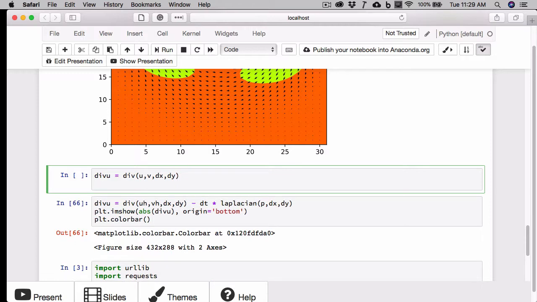And then let's do a plt.imshow to show the absolute value of div u, and place the origin at the bottom. This is just a little trick because Python is going to put the upper left corner as our physical lower left corner. So you just do this origin bottom to make it look like the driven cavity.